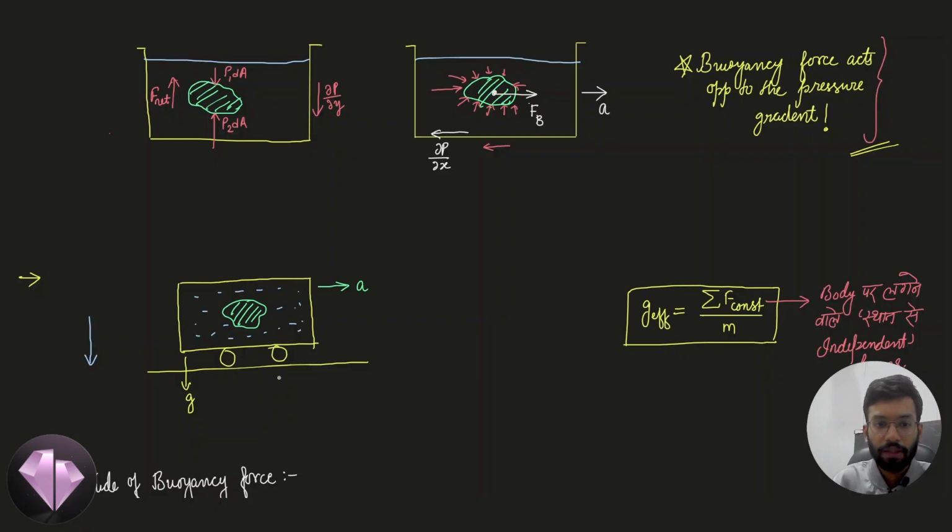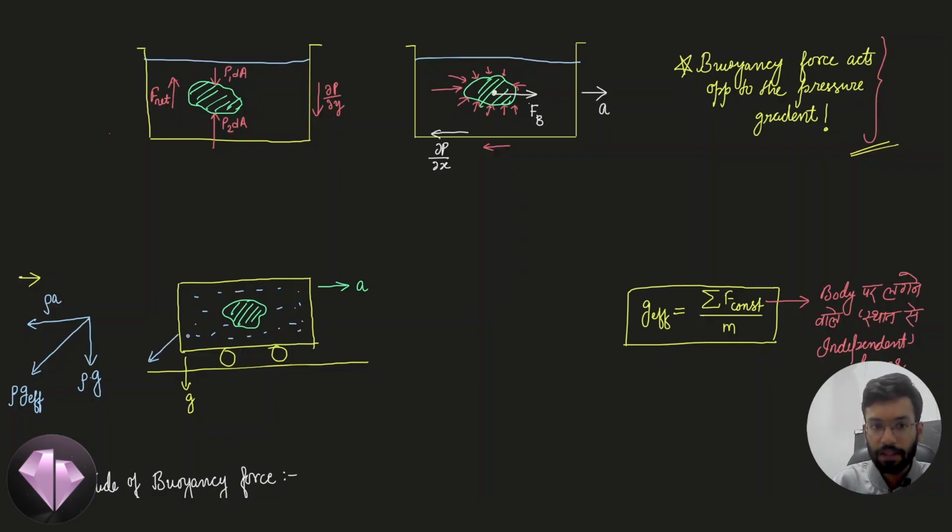So there is an mg acting downwards, so there will be a pressure gradient rho into g in the downward direction. There is a pseudo force in the leftward direction, which is m into a. So there is a pressure gradient in the leftward direction, which is rho into a. So there is some net pressure gradient, this is rho into g effective. So this is my net pressure gradient. The pressure gradient is in this direction.